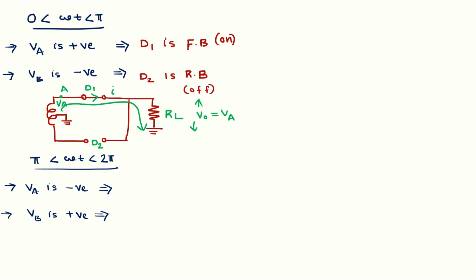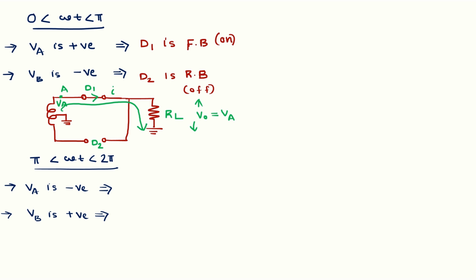D2 is not conducting, so in this situation leave D2 and concentrate only on diode D1. So I can say the output voltage, that means the voltage across the load resistor RL, indicated by V0, is equal to VA.